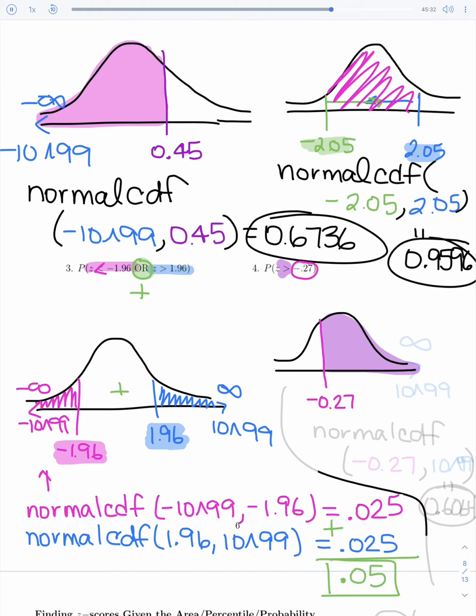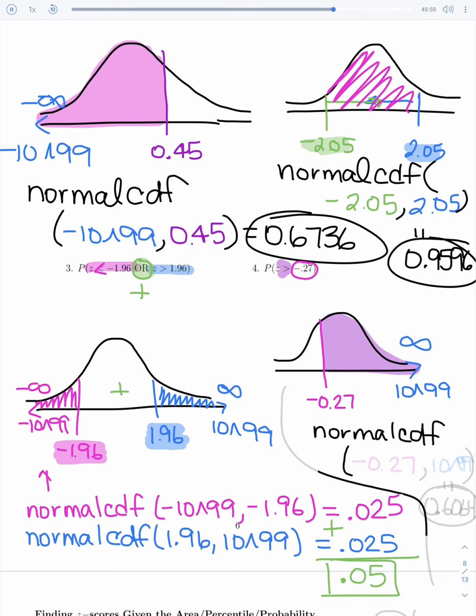So, just like the ones before, if we are going to go off all the way to the right, that means we've got an infinity here. There's no way to tell our calculator infinity, so we'll just use a really big positive value of 10 to the 99th. So we'll do our normal CDF one last time.